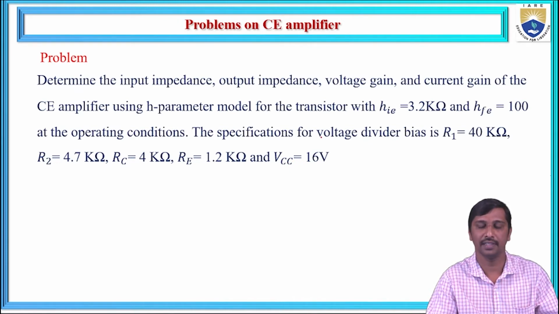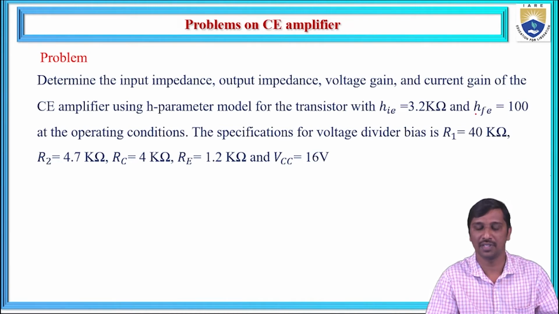Apart from that, they have given the H model specifications, meaning the H parameters. HIE is called the input impedance for common emitter, represented as 3.2 kilo ohms. And HFE means the DC forward current gain.